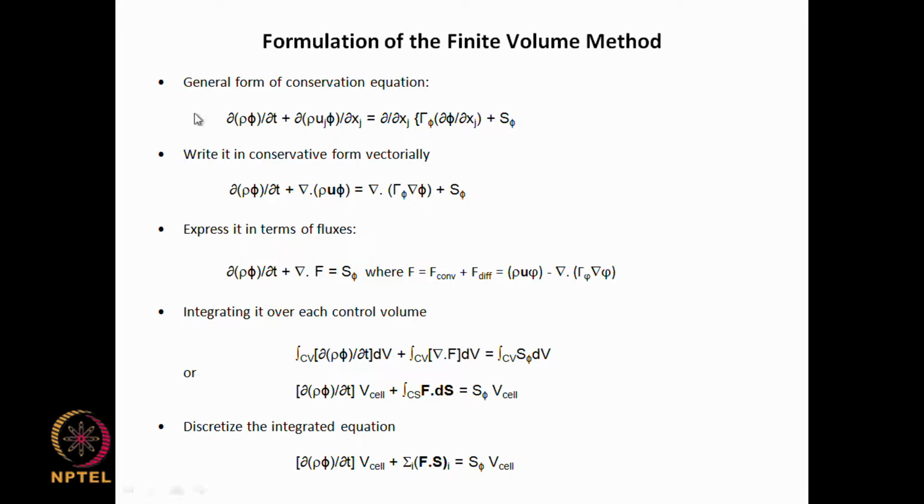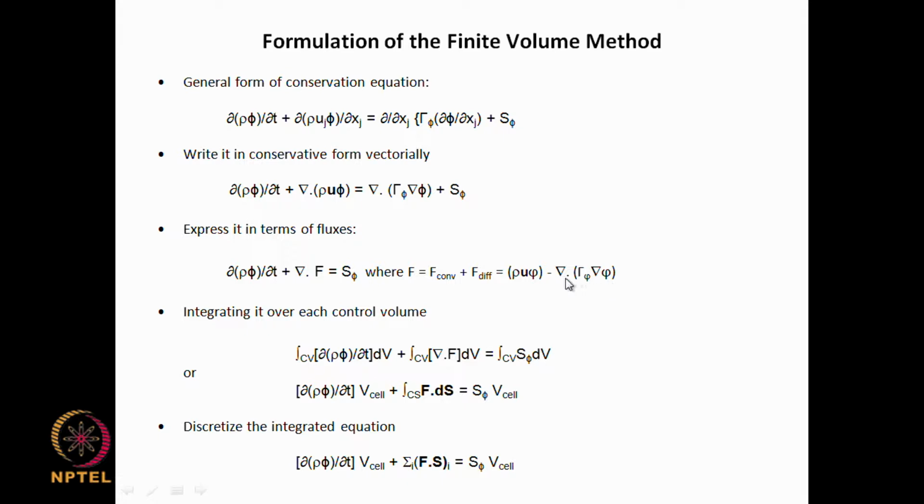We have a governing equation, a scalar transport equation containing the time derivative, the advection term, the diffusion term, and the source term. This equation is represented in the form of divergence of these advection and diffusion fluxes, and finally it is put in the form dou rho phi by dou t equal to minus del dot F plus S phi, where S phi is the source term and F is the convective flux and diffusive flux, which are given by rho u phi minus gamma grad phi.